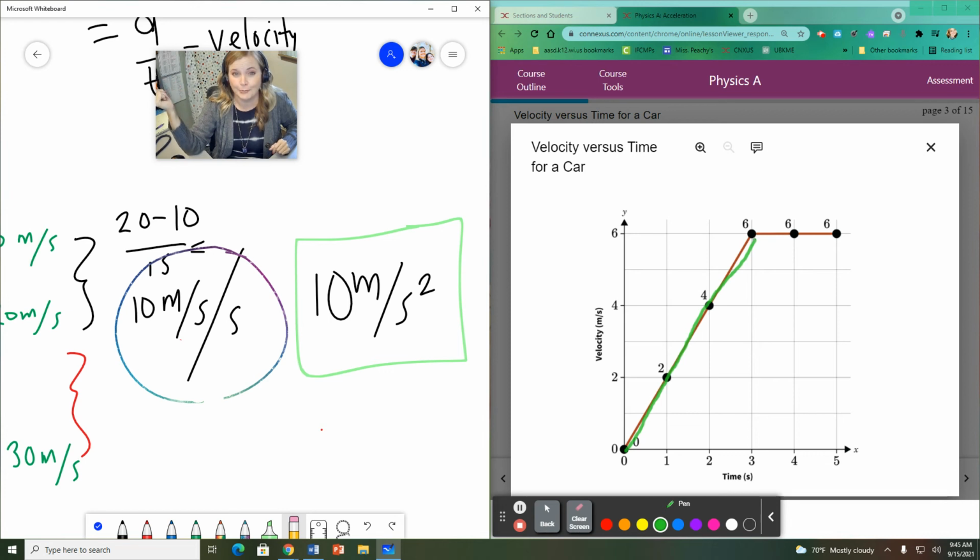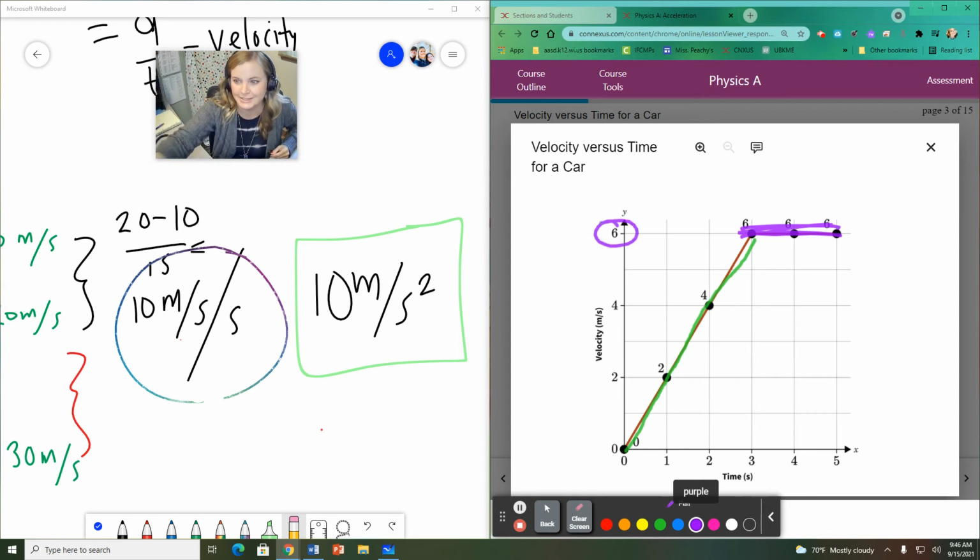And we see that when you have a constant slope on your velocity versus time graph. When you have a slope of 0, which is what we're seeing right here, that means that there's no acceleration. And no acceleration means constant velocity, which makes sense. Our velocity here is 6 meters per second according to the graph at every data point there, right?